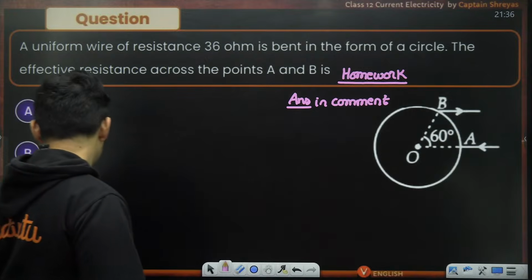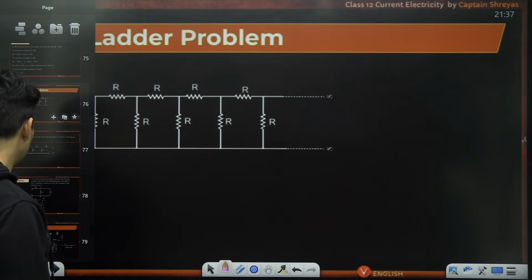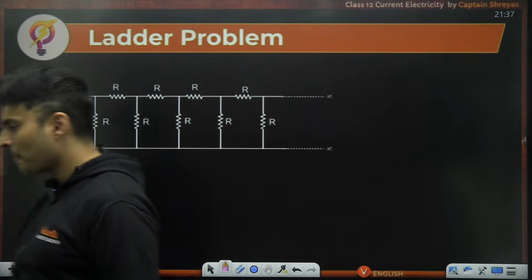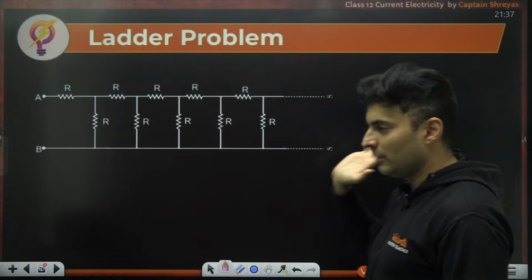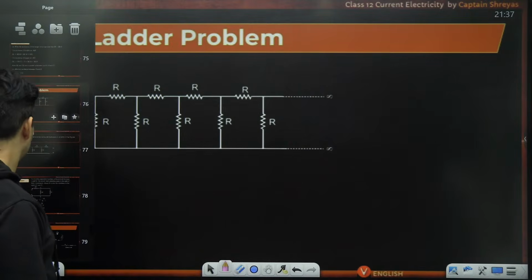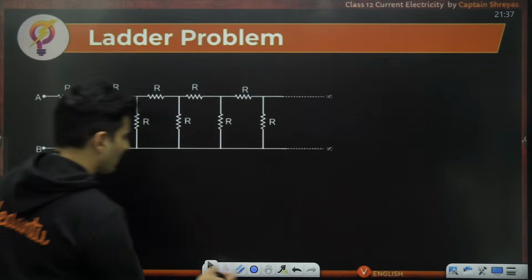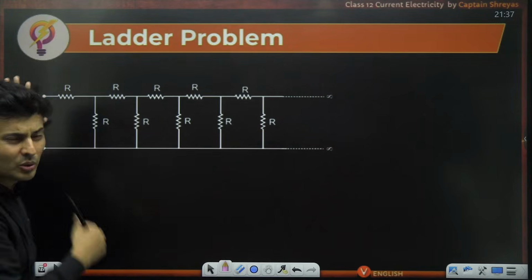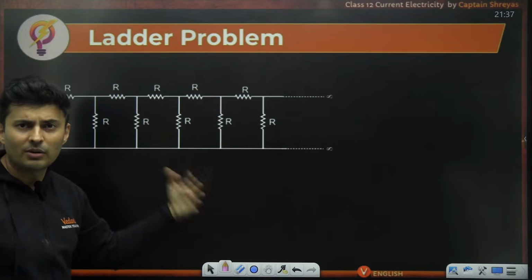Perfect. Great. Cool. So now let's also go to this particular ladder question, where you have multiple resistors one after the other in an infinite form. Usually these kinds of questions can be solved by identifying the pattern first, like these two getting repeated one after the other.